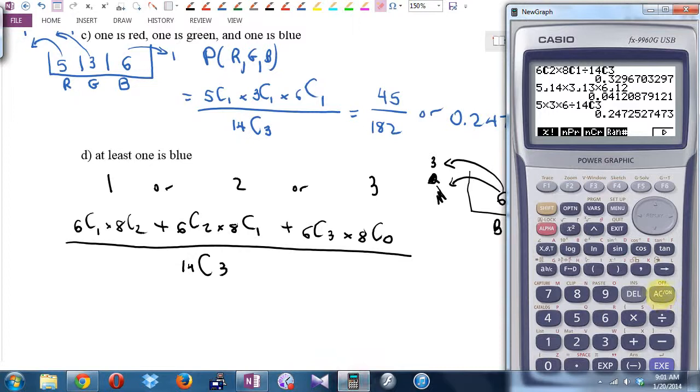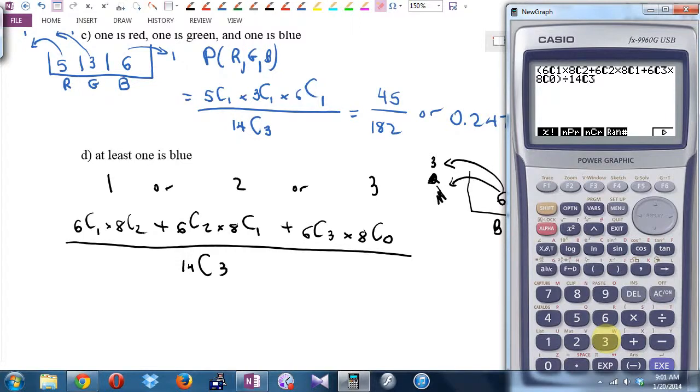Is there more than one number on the top? I better put this top in brackets because there's plus signs. Bracket, 6 choose 1 and 8 choose 2, or 6 choose 2 and 8 choose 1, or 6 choose 3 and 8 choose none, over, is there more, oh, just one number in the bottom, 14 choose 3, just one expression in the bottom.